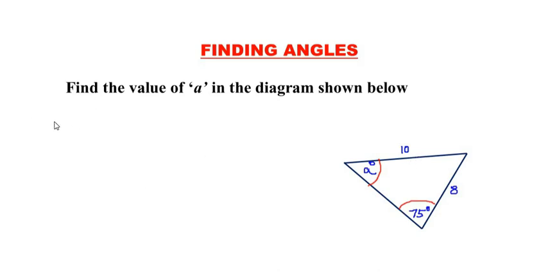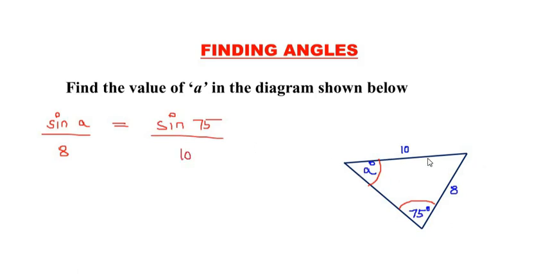So we can directly use the sine rule and write sine of A over its opposite side, which is 8, equals sine of 75 degrees over its opposite side, which is 10.